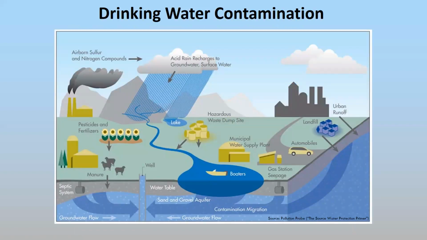So drinking water, our groundwater, our surface water can be contaminated by lots of different types of activities, whether it's industry, agriculture, recreation, automobiles, landfills. Again, all of these activities do contaminate our water supplies.